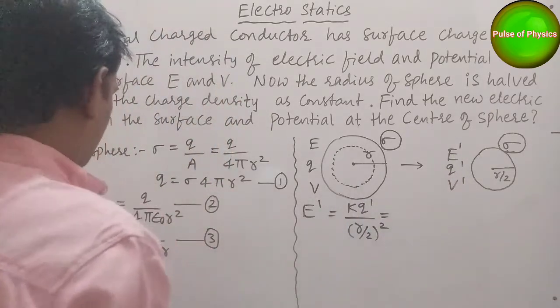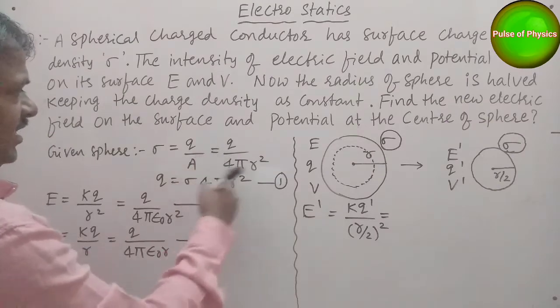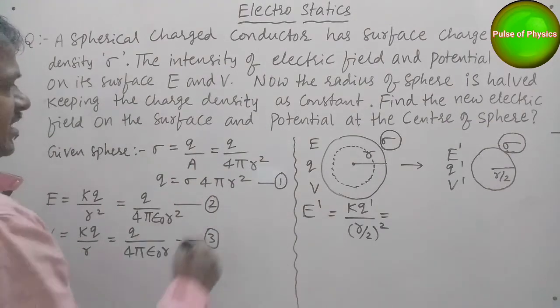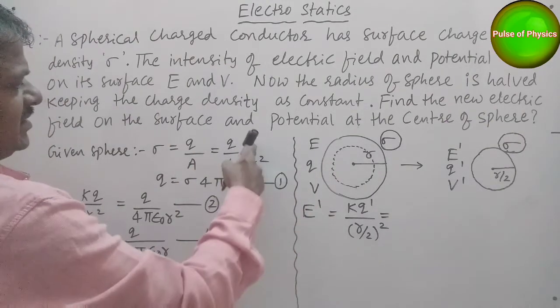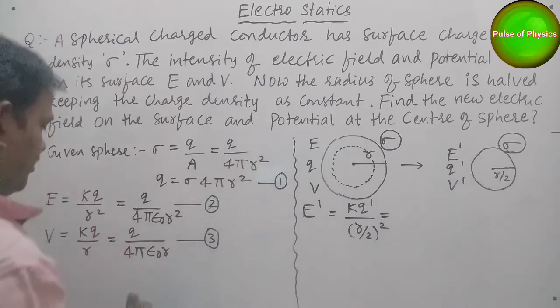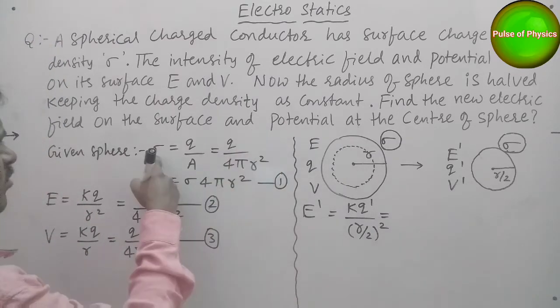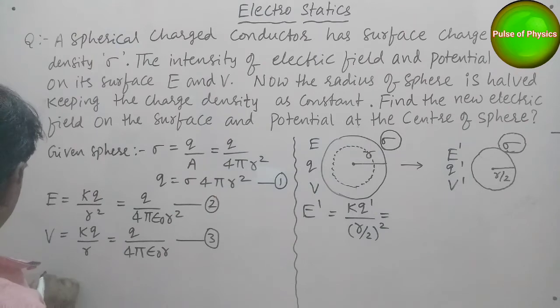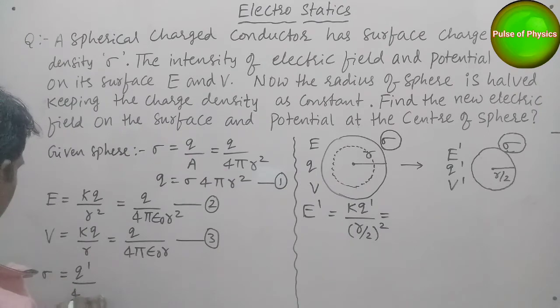How to find q dash? Here q dash is for the sphere with r by 2 radius. Sigma is constant, so let us apply it. Sigma is equal to q dash by 4 pi r by 2 whole square. This is for the smaller sphere.